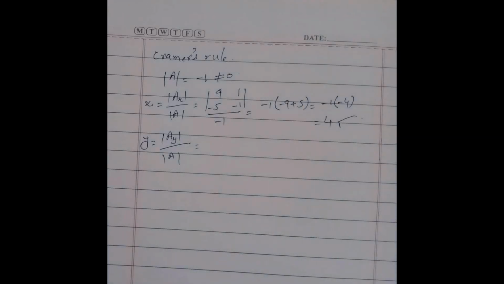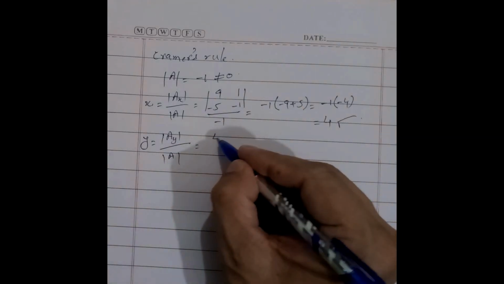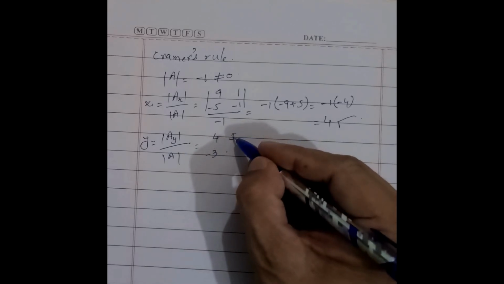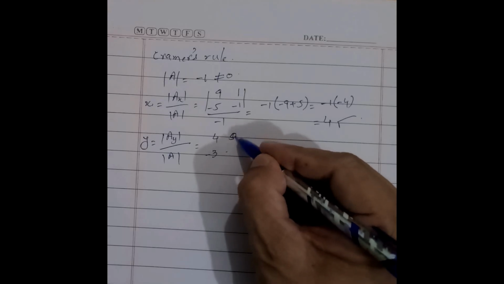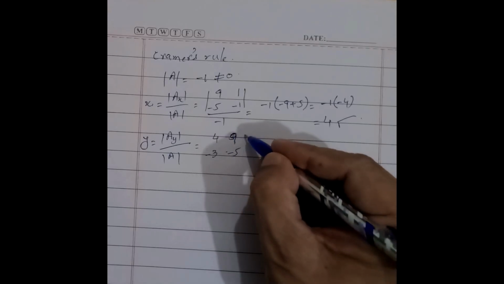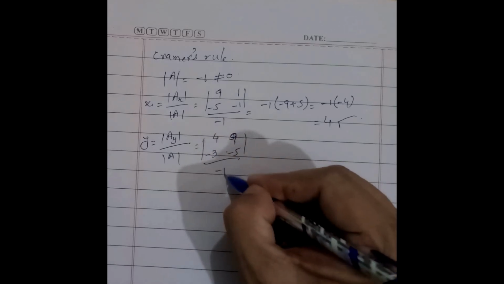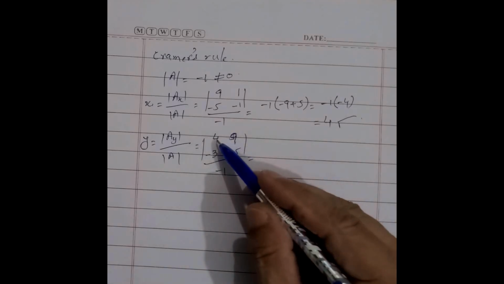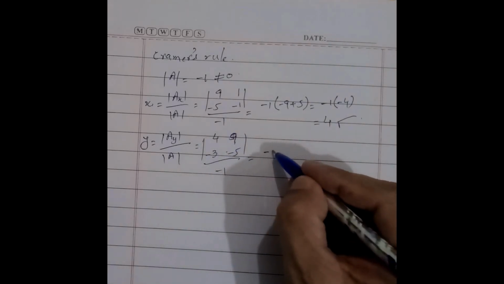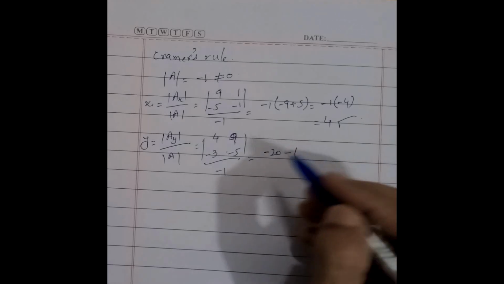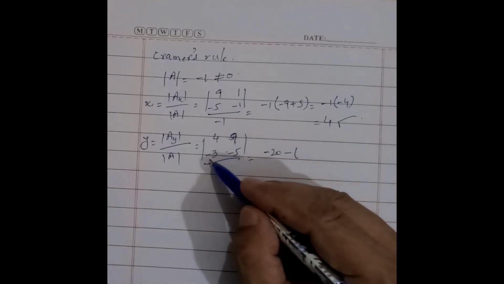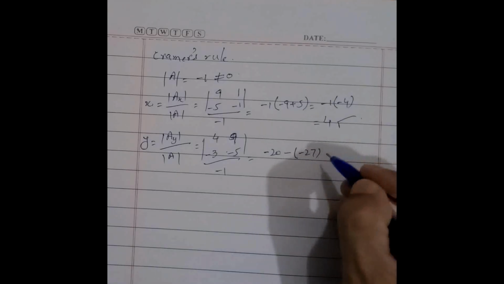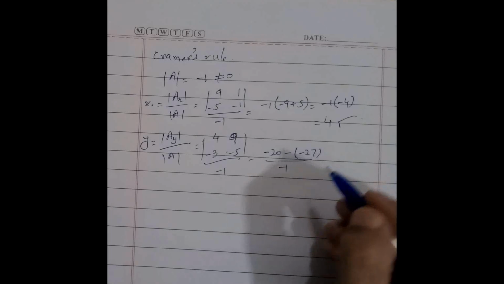Now we find the value of y. The Ay determinant has entries 4, -3, 9 and -5, over the A determinant, which is equal to -1. Now simplify these values. 4 multiplied by -5 is equal to -20, minus -3 multiplied by 9, which is -27, the whole divided by -1.